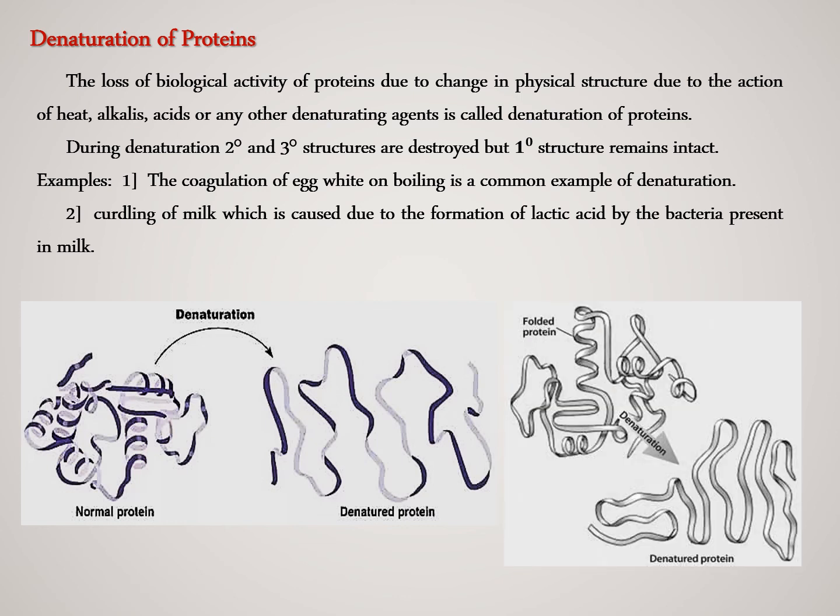The curdling of milk is another example of denaturation of protein, which is caused by the bacteria present in the milk. The picture depicts this curdling of milk, explaining the denaturation of proteins.